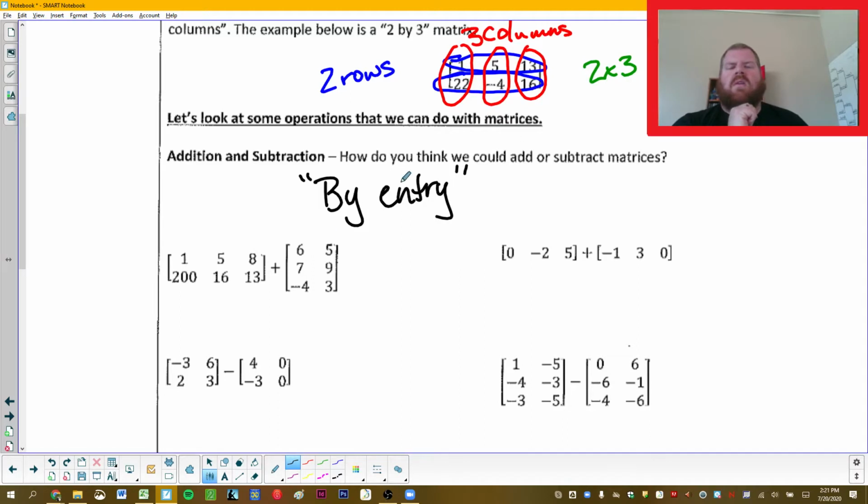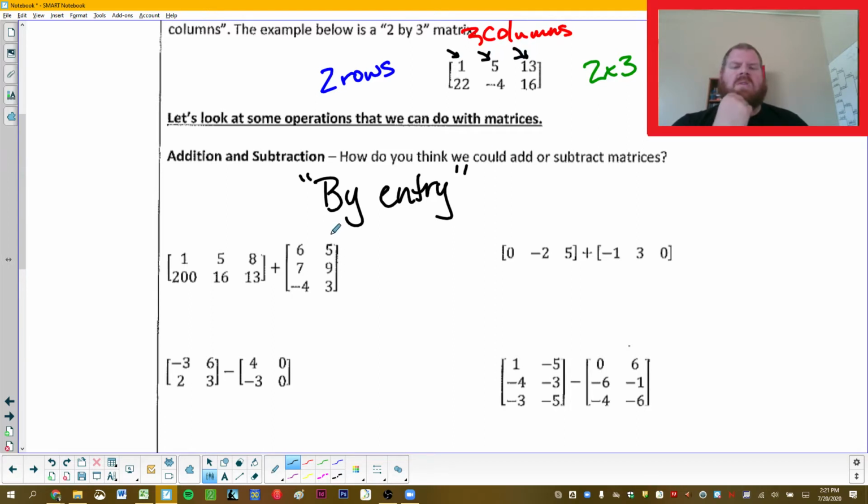The different numbers within matrices are called their entries. Sometimes you might hear them as elements, but more standardly it's by entry. Each one of these is an entry of the matrix.